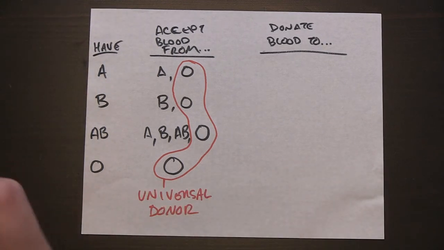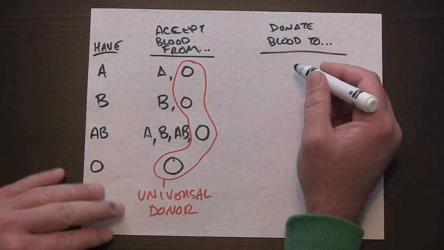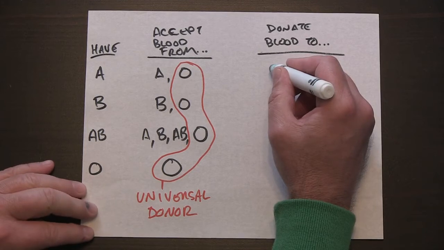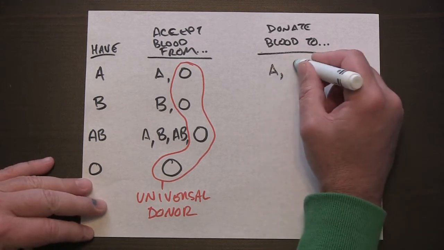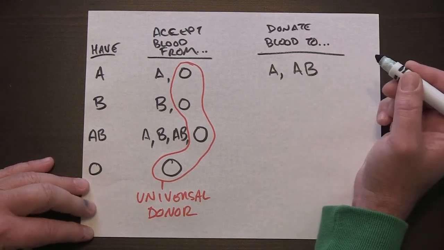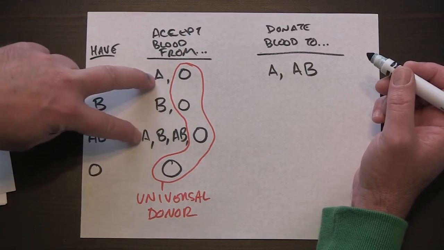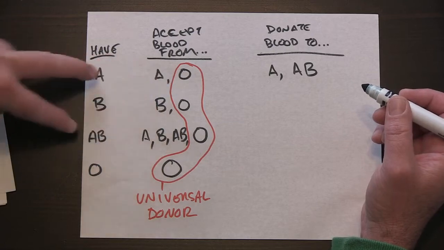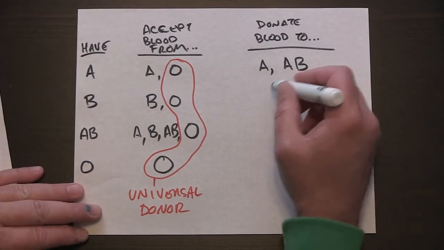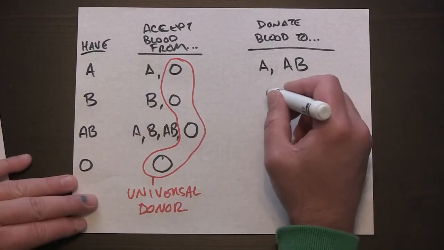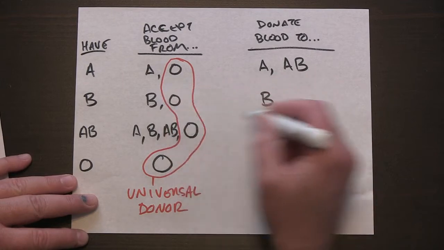If you have A type blood, you can donate blood to either someone who has A or AB. If you have B type blood, B and AB.